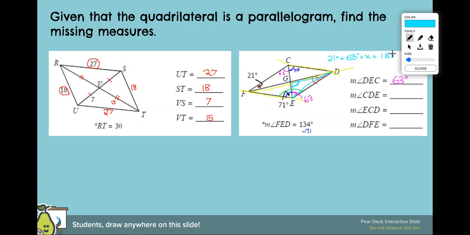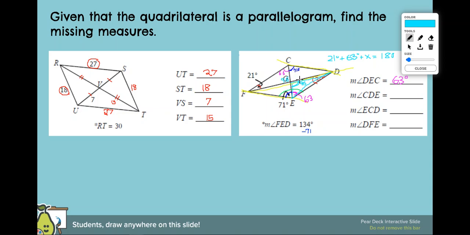So if we add 21 plus 63, we get 84, and when we subtract that from 180, we get 96 degrees. So we know that this interior angle is 96 degrees, which means that this is 96 degrees.